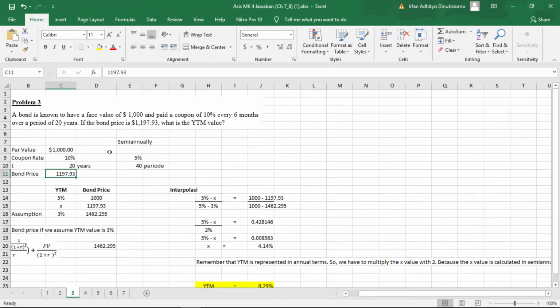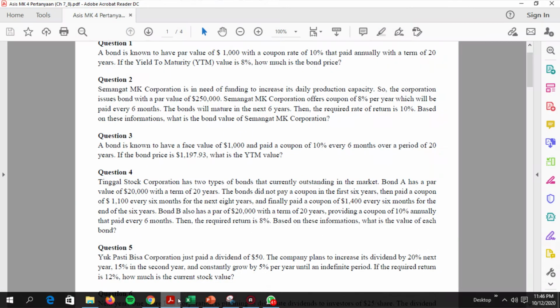So the second step is that we're going to use the concept of interpolation. So how to explain this?